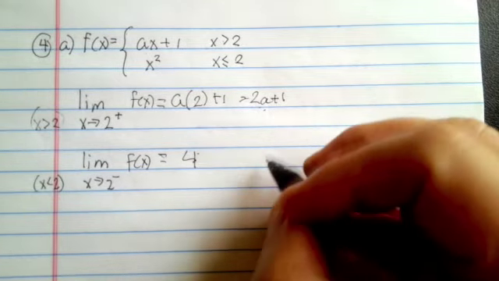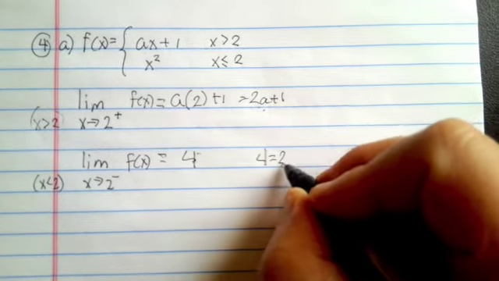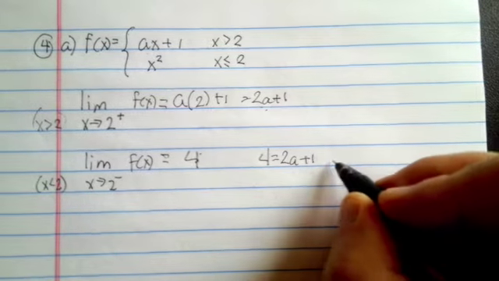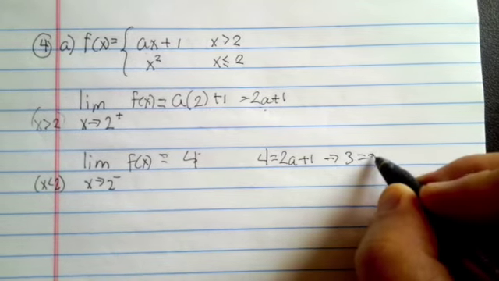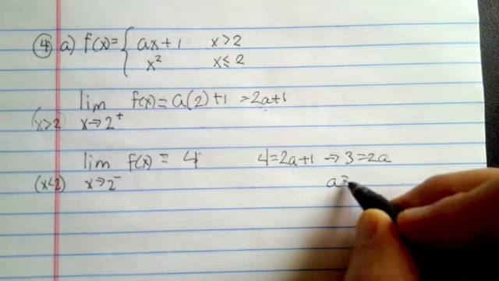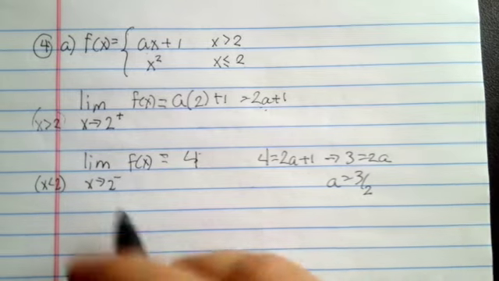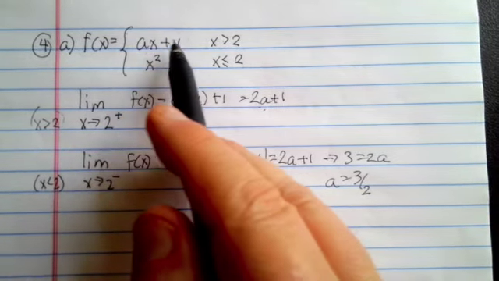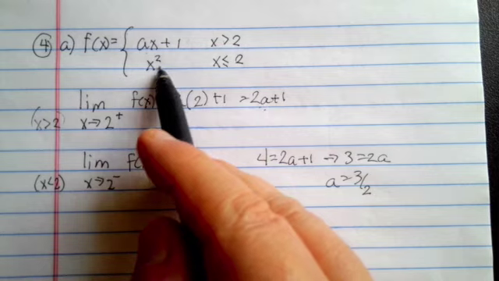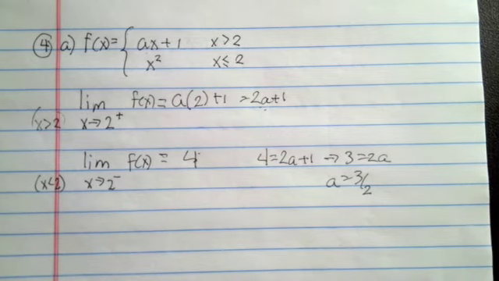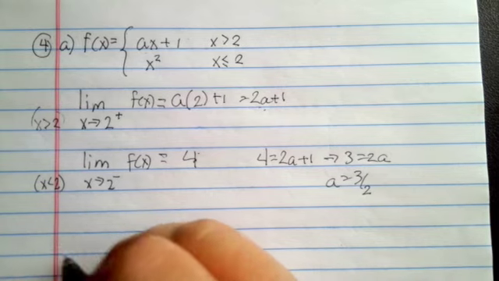So we will set these two things equal, and we get 3 equals 2a, or a equals 3 halves. So when a is 3 halves, this piece and this piece will line up. The graphs of those two parts of the function will line up, and we'll have continuity everywhere.